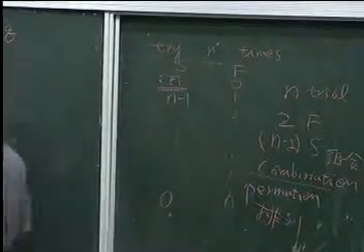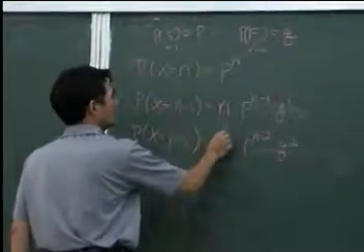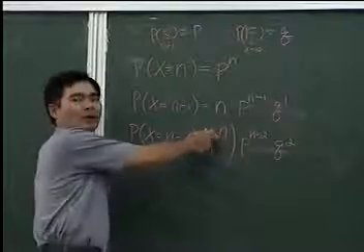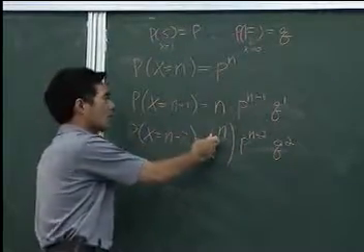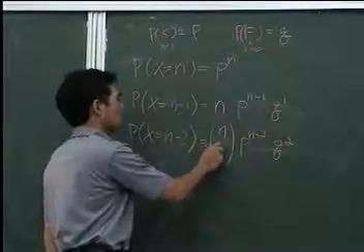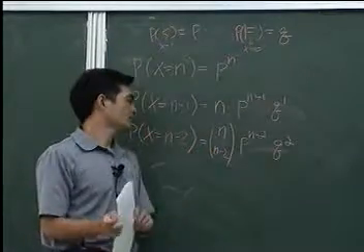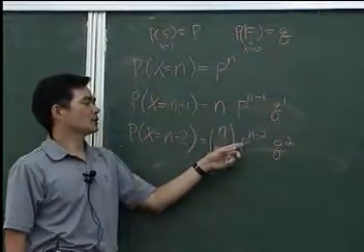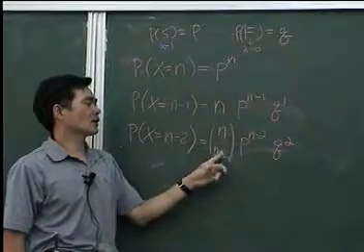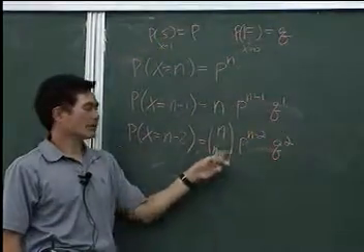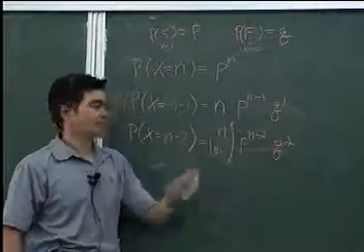So in this case, what should we get here? There are n trials, and among these, n minus 2 would be successes, and of course 2 failures will be there. So this is the combination.